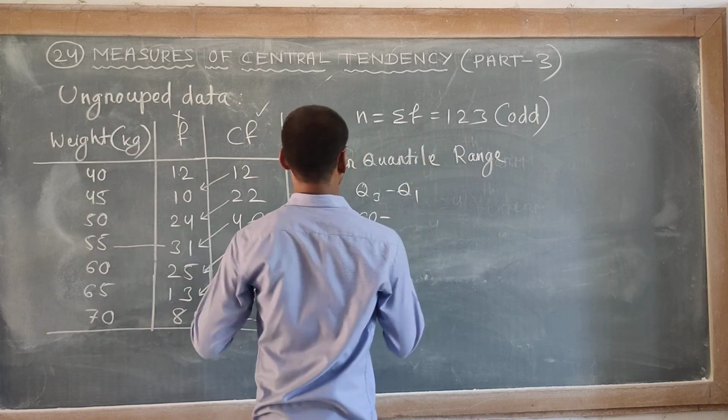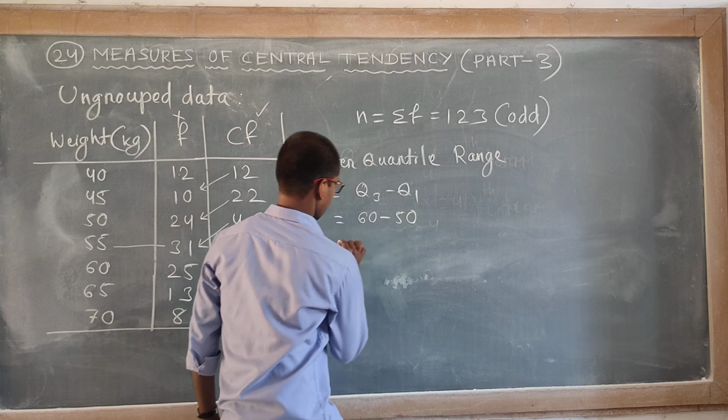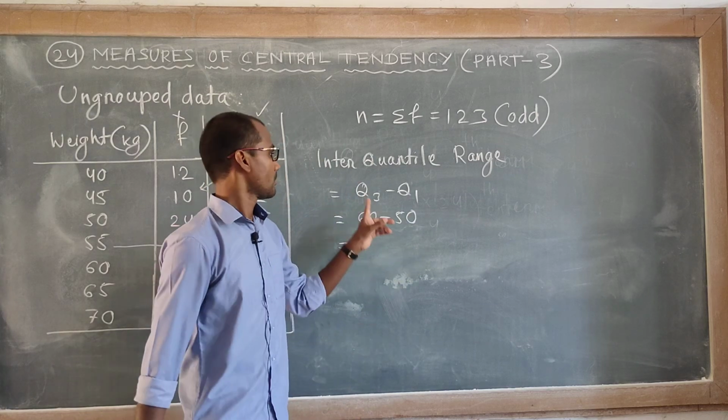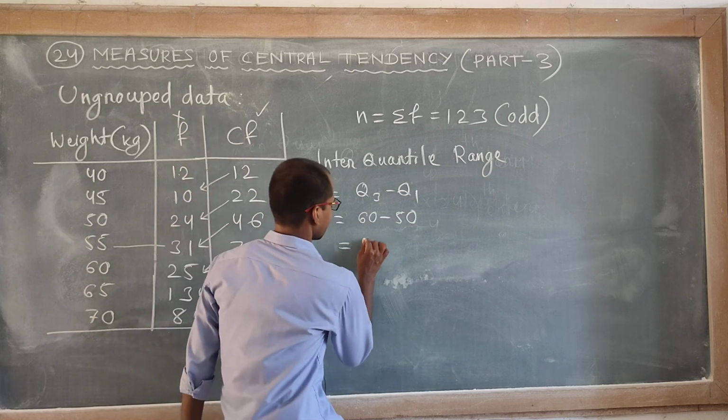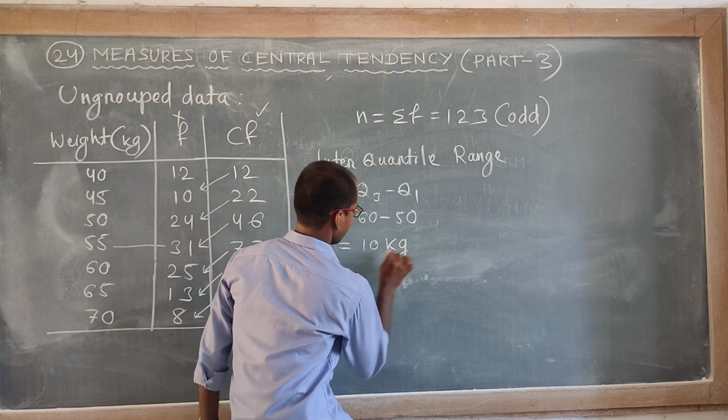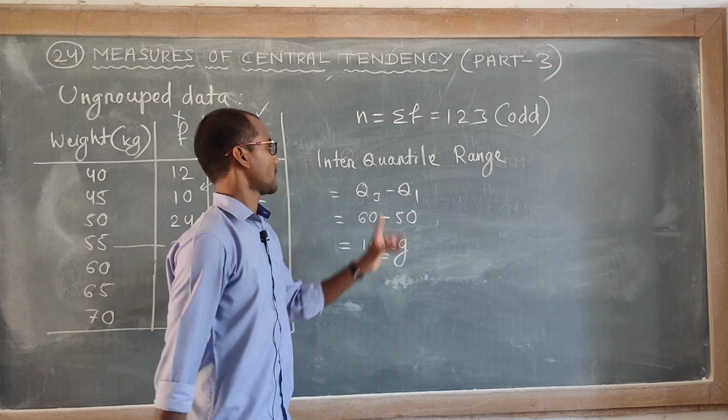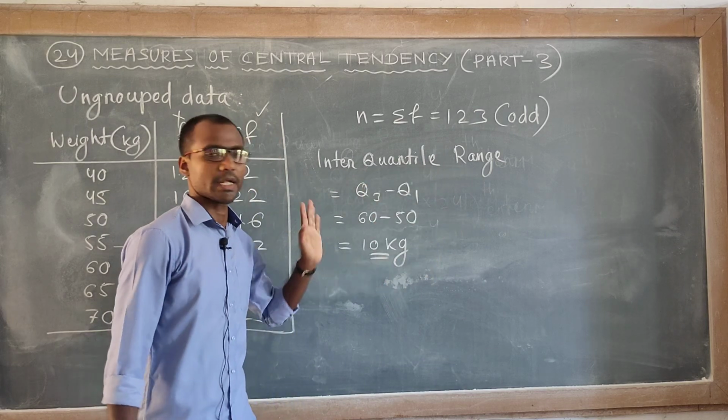Q3 we got 60, Q1 we had got 50. So 60 minus 50 is equal to 10 kg. So the interquartile range is equal to 10 kg.